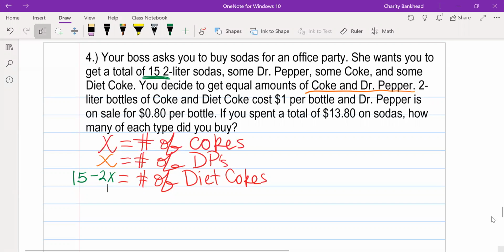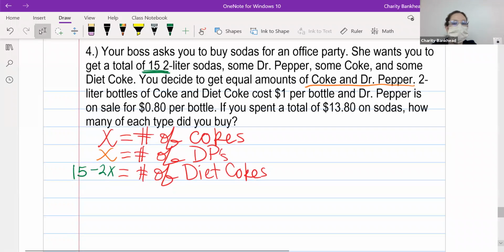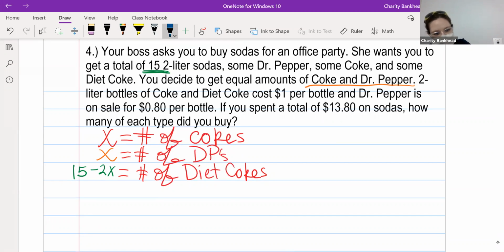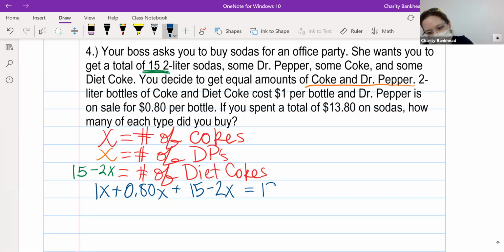All right, and then we can look at the dollar amounts to give an equation. Okay, so Cokes are $1 each. So I'll just say 1X. Then Dr. Pepper is 80 cents, so plus 80 cents times X. And Diet Cokes are also $1, so we'll just do plus 15 minus 2X. And that all equals $13.80.